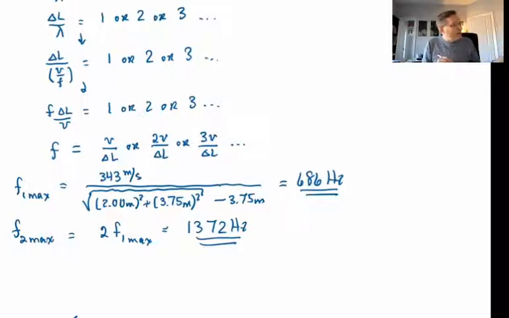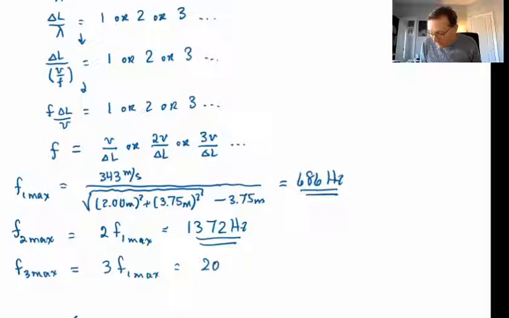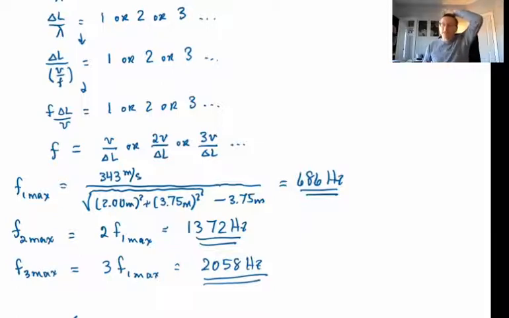Then you keep going up and you get to 1715 hertz and you'll get fully destructive interference again. And keep going up and now you'll get to the third frequency for fully constructive interference. And that'll be 3 times F1 max. And that's 2058 hertz. So there are the first 3 frequencies for fully constructive interference.